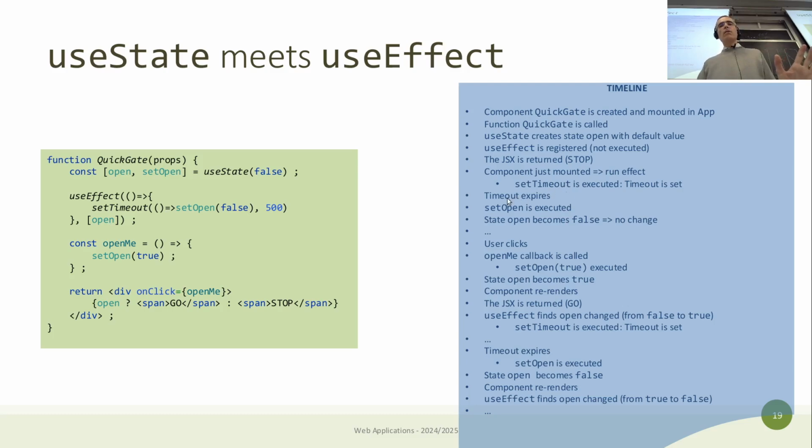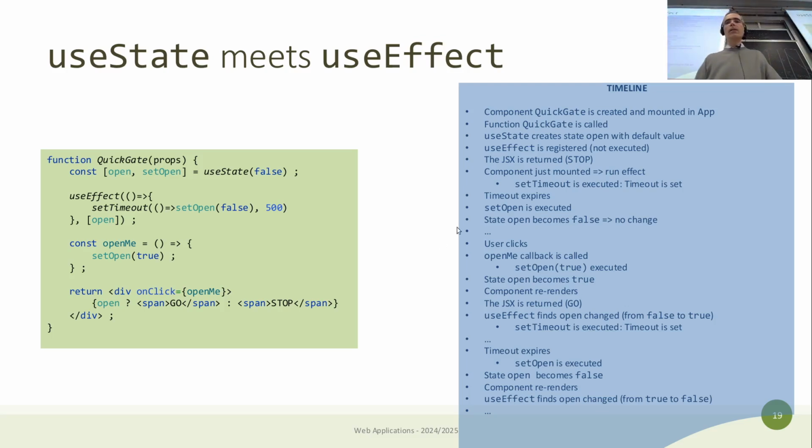The timeout expires, setOpen is executed, and the state open becomes false. So we say to React, just set the state to the false value. It was already false, so nothing else happens, because React re-renders the component only if the state or props change. The state has not changed, it has just been set, but at the same value. So there's no change, no re-render.